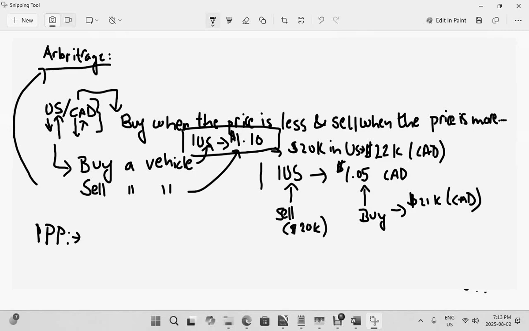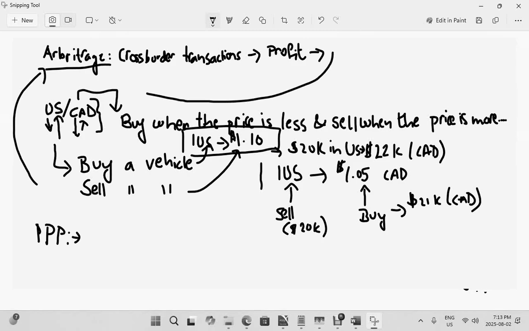Whenever you have cross-border transactions which lead to a profit for a business or an individual, this has to do with this concept, arbitrage.